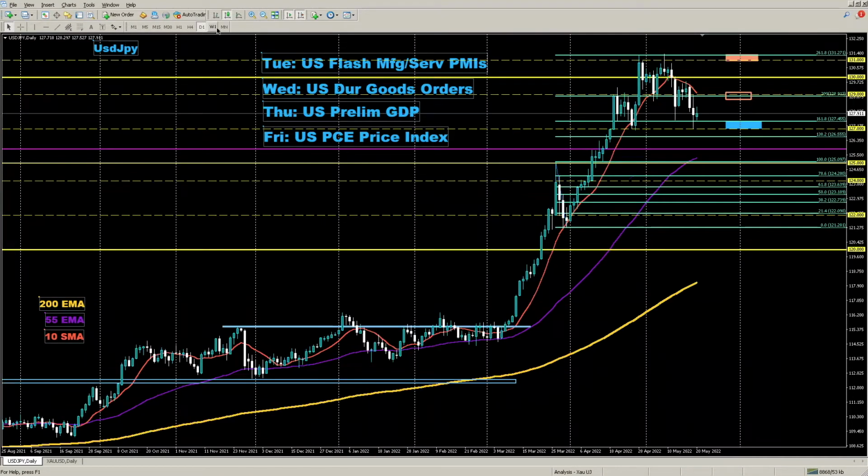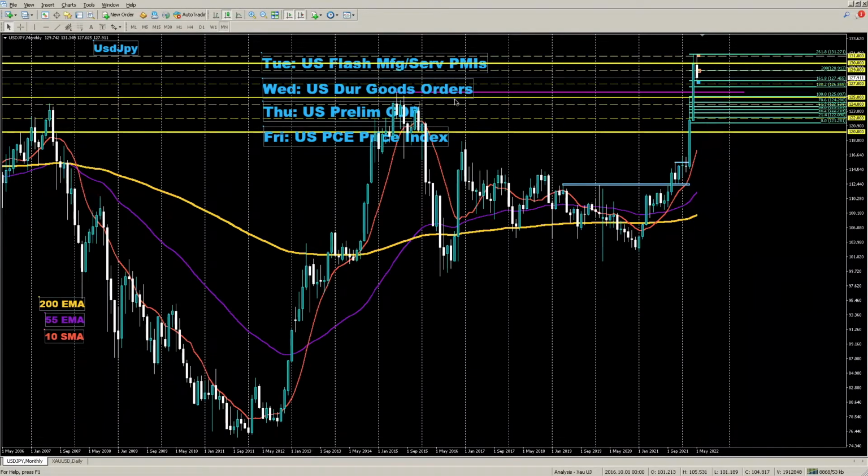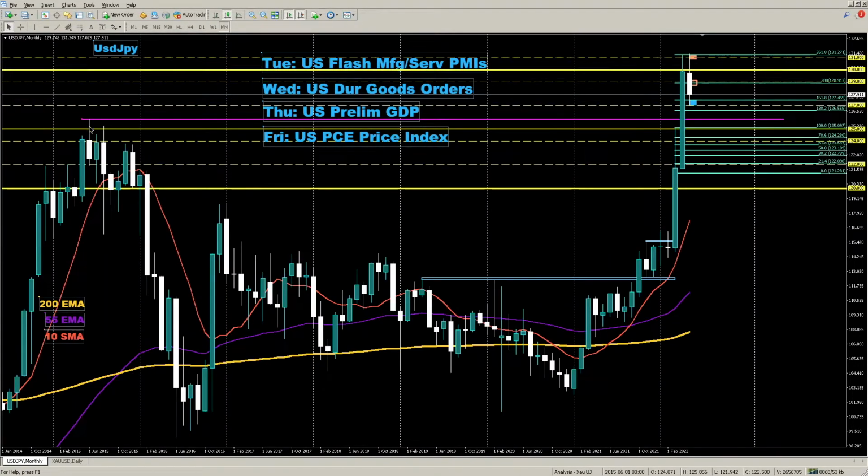And let's take a look at where the swing high level is here. That was from the highs of 2015, 7 years ago. So we'll see if it's going to dip lower to retest that as support.